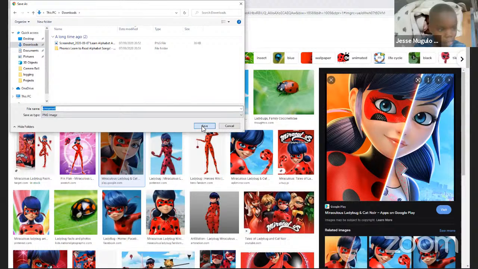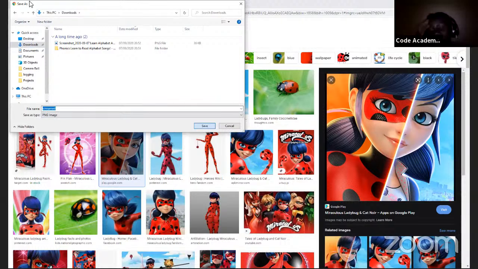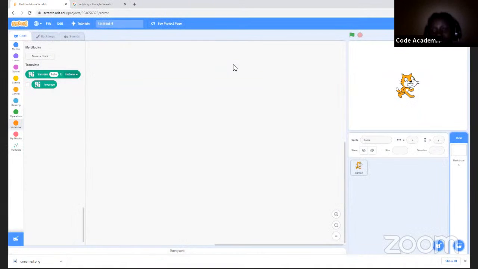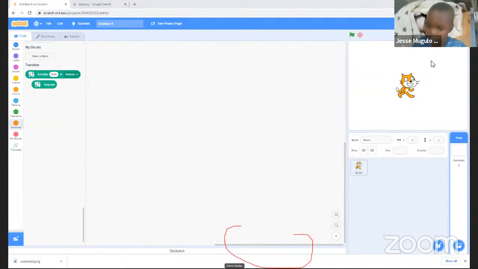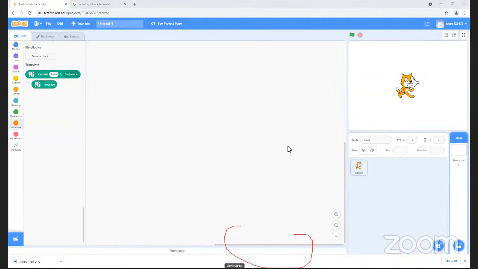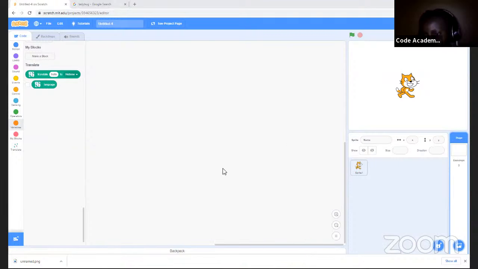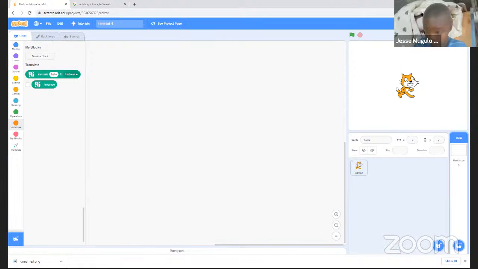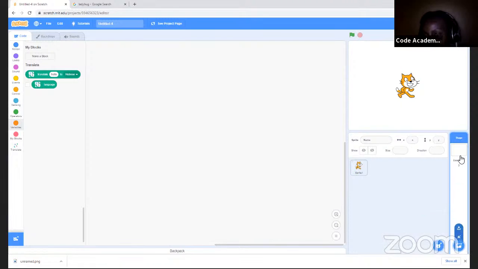Save. Yeah. So go to Scratch now, and Angel and Alison, this is the part you want. When you go to Scratch, show us how to upload. We want to upload that backdrop. So how are we going to upload? Step by step, so that Alison and Angel are able to understand. You're going to be adding a backdrop.